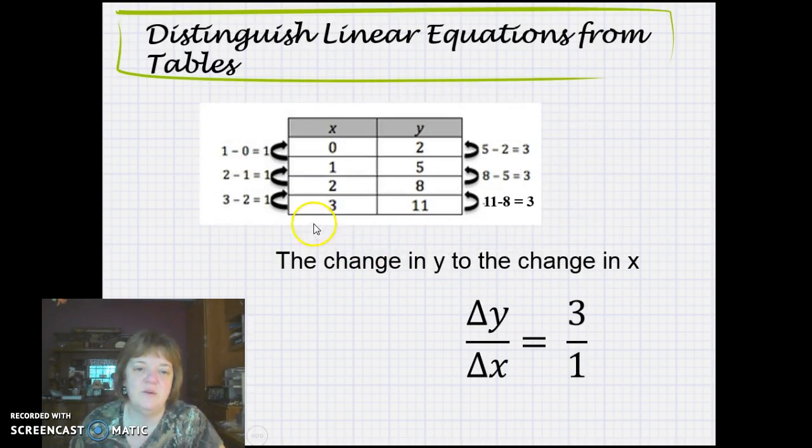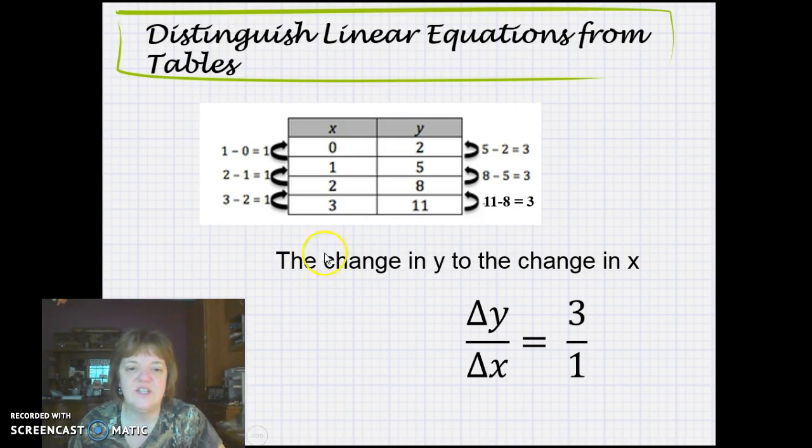So using that same graph, I want to show you how we can determine, if I don't give you the equation, if you're not given the equation, how do we decide if it's a linear equation without being able to figure it out?